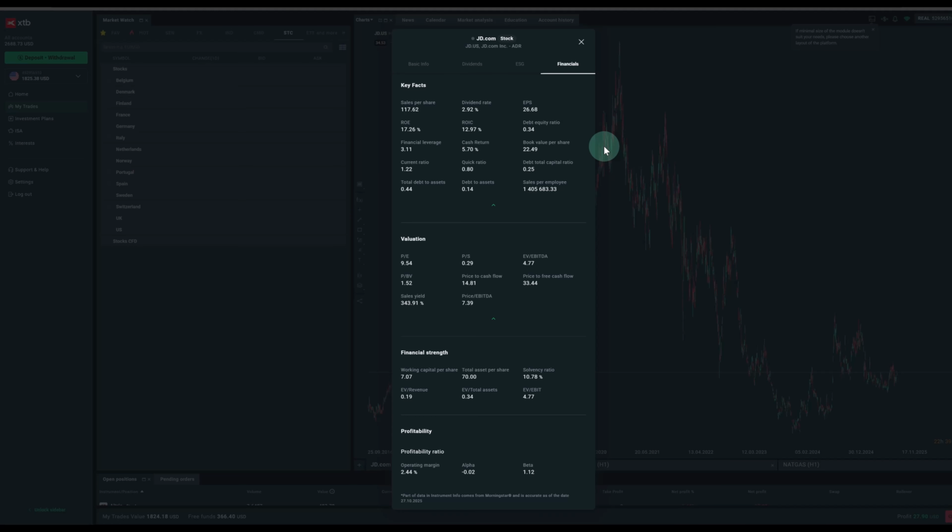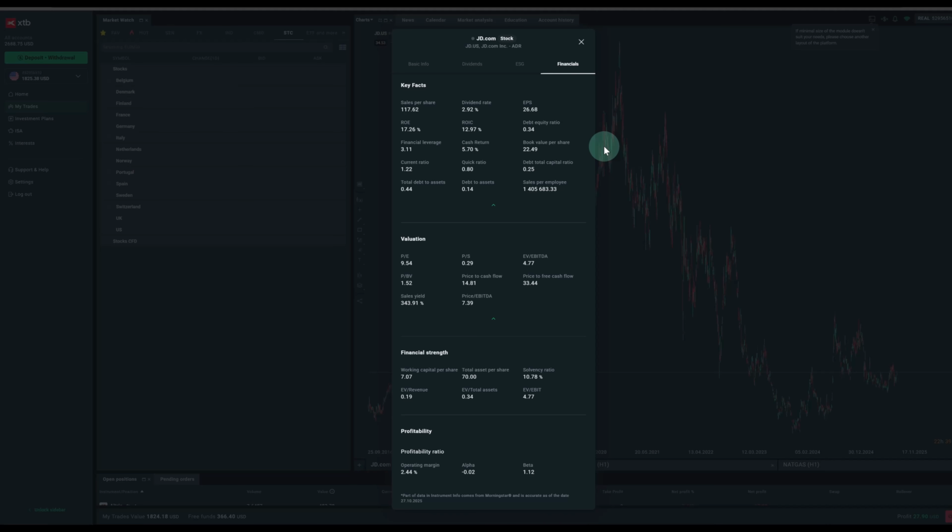Then we've got ROIC, which is nearly 13%. It confirms that JD's logistics network, while it's expensive to build, now generates healthy returns as well. Anything above 10% is usually considered strong for a business with such heavy infrastructure. Dividend yield, nearly 3%.